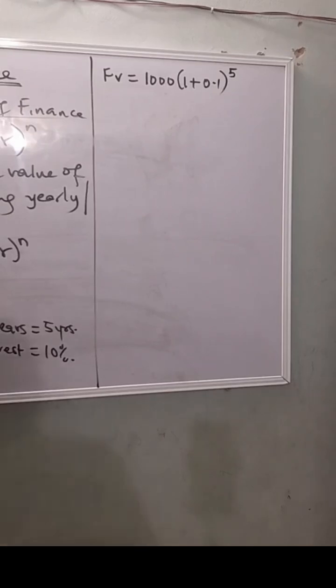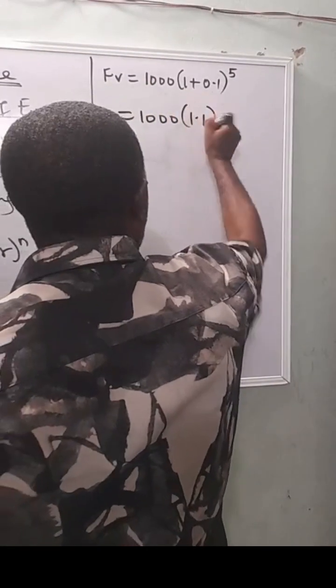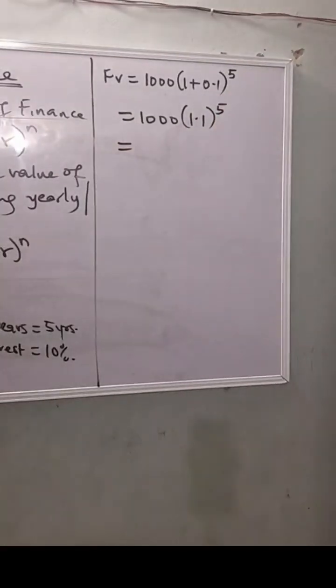Without wasting much of our time, we have here 1,000 into 1.1, all raised to the power of 5. And all you need to do here is to press your calculator: 1.1 raised to the power of 5 and multiply by 1,000. I believe by now you should calculate that.